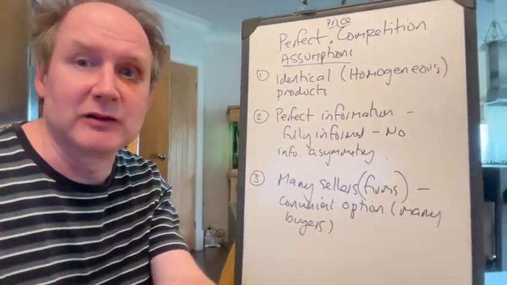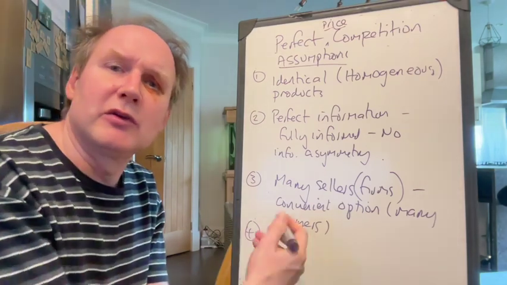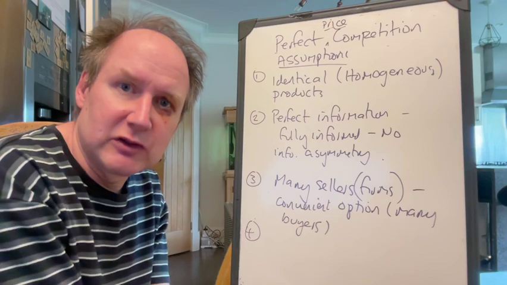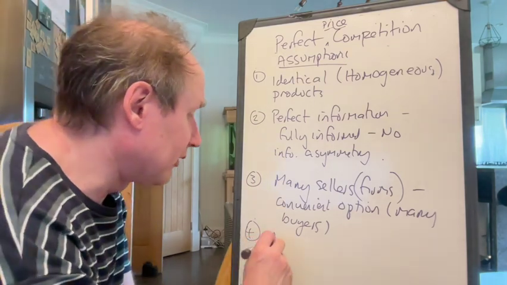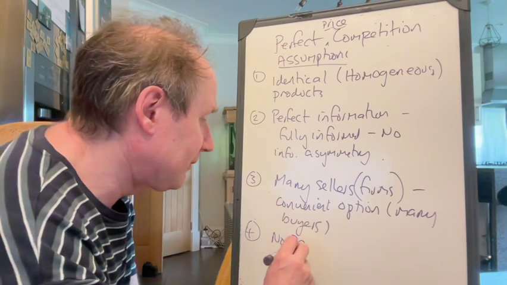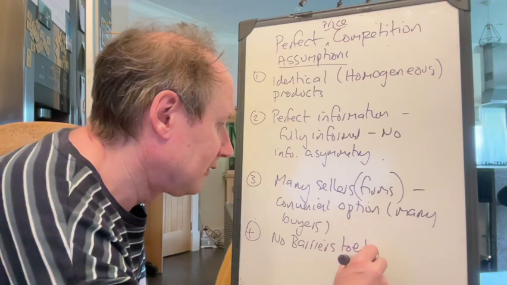So that's our third assumption. And then lastly, we want to ensure that this situation continues over time. So we also assume that there are no barriers to entry into the market or exit from it.